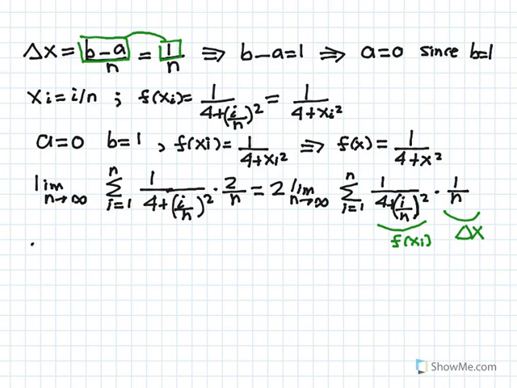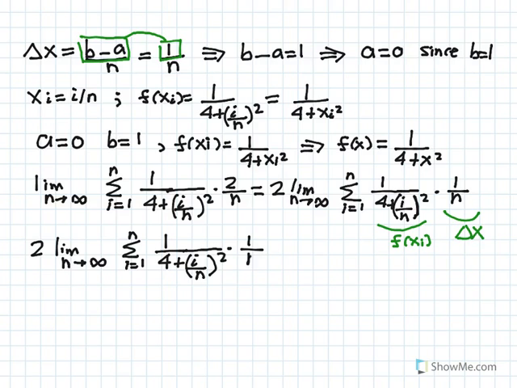Alright, so we have 2 times limit n goes to infinity, summation i goes from 1 to n, 1 over (4 plus i over n) all squared times 1 over n.